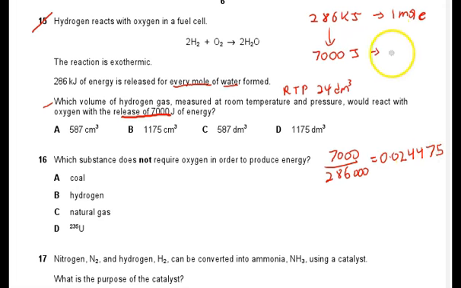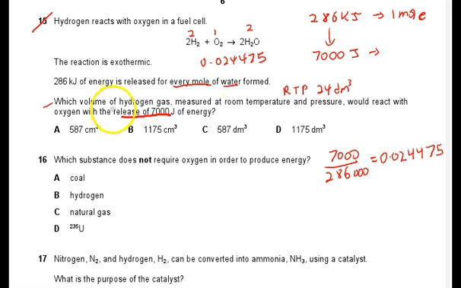Okay, this is the mole calculation. Now based on the ratio here, it's 2, 1 and 2. They are asking for the volume of hydrogen gas, so the mole here is the same, both are 0.024475.